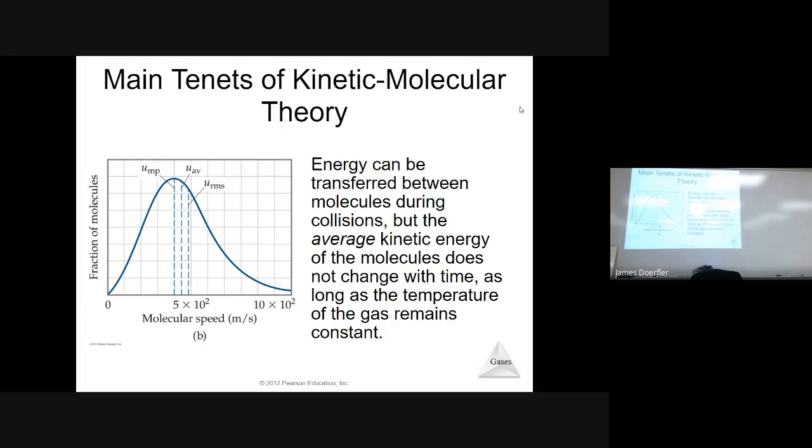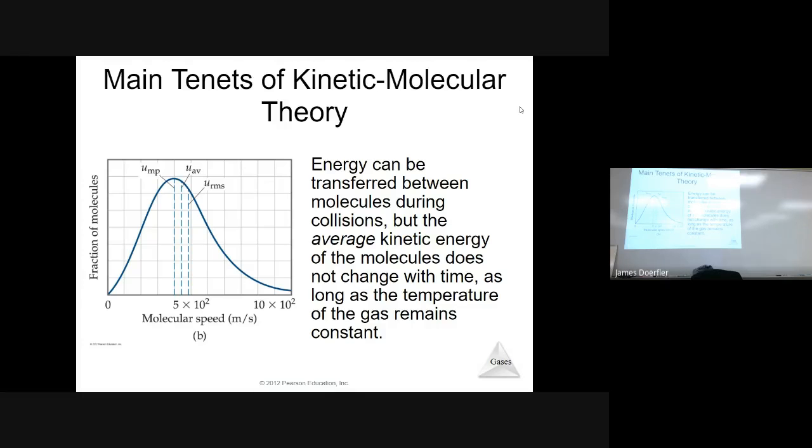But the molecules themselves can transfer energy during collisions, much like if you're playing pool, the pool balls can transfer their energy to the other balls around them. Okay, but the average kinetic energy does not change with time, as long as the temperature of the gas remains constant.